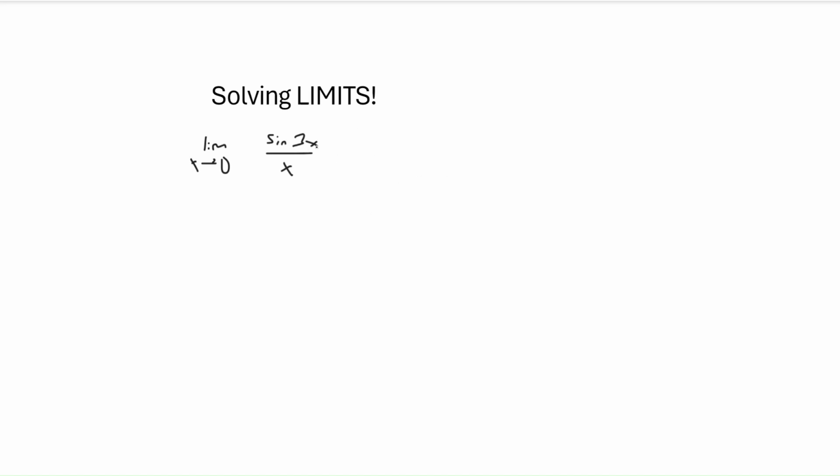Well, we know that the sine of x over x is 1, so could we do anything to this to turn it into that? Well, we should note, first of all, that if we just had like a sine of u over u, it is still equal to 1. So it doesn't really matter what the coefficient is per se, they just need to be the same value.